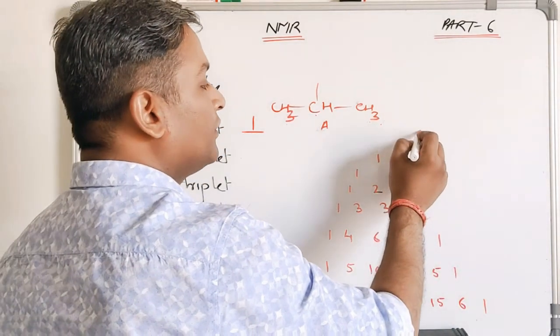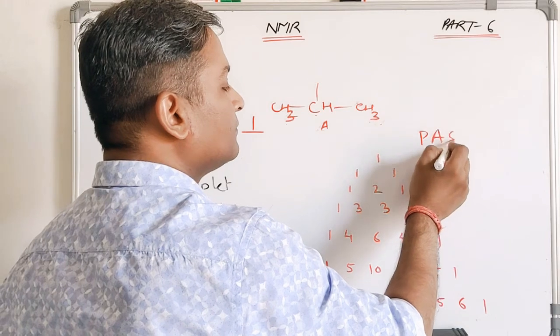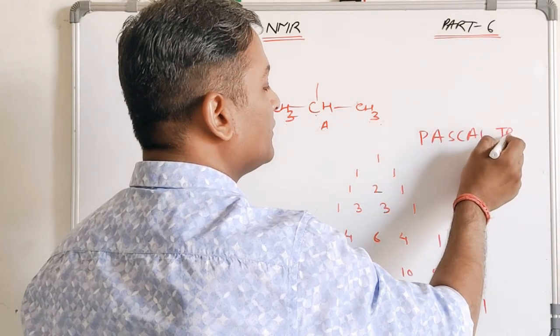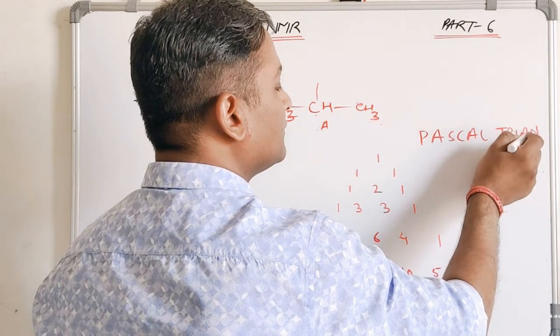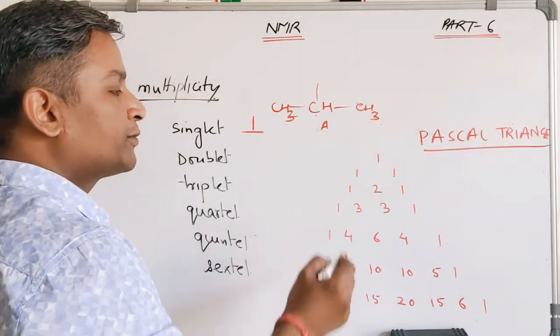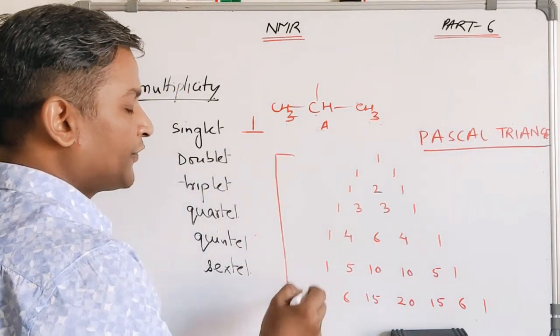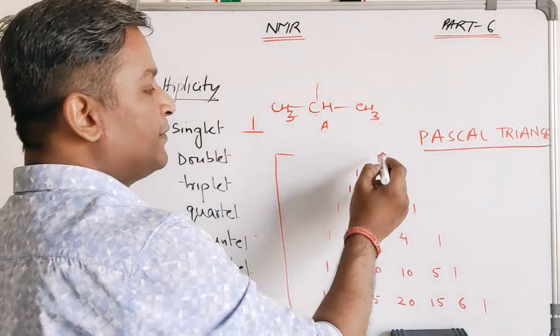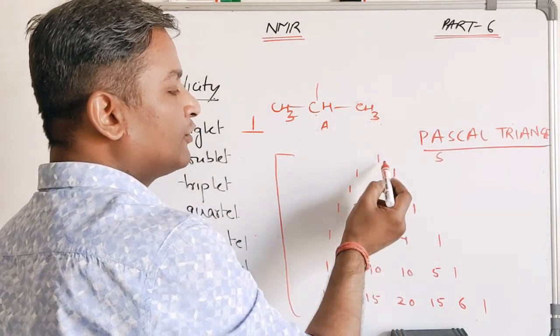This triangle is called Pascal triangle. According to this Pascal triangle, we can determine the intensity of the peaks. If peaks are singlet, the ratio of peaks will be 1.